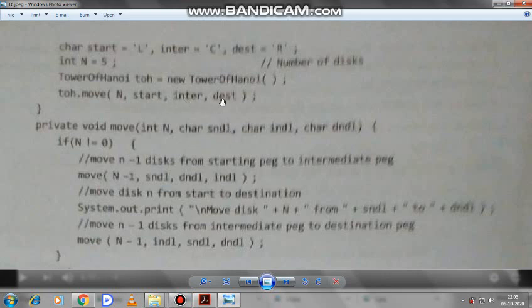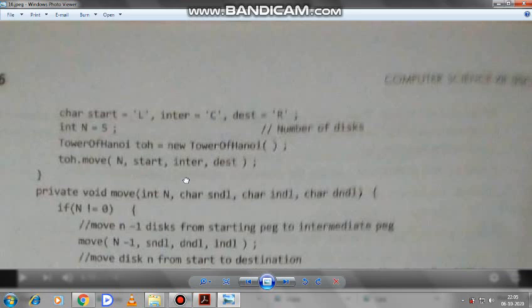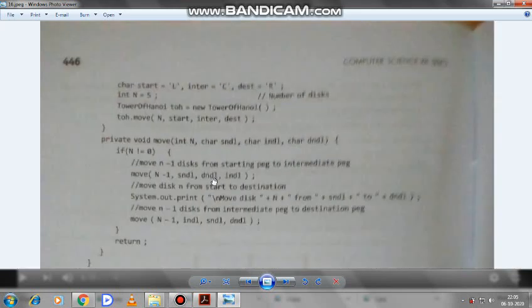I am calling it like this. Here I have written the code according to the algorithm only. And see, this problem is for 5 disks, and it is giving the output like this.